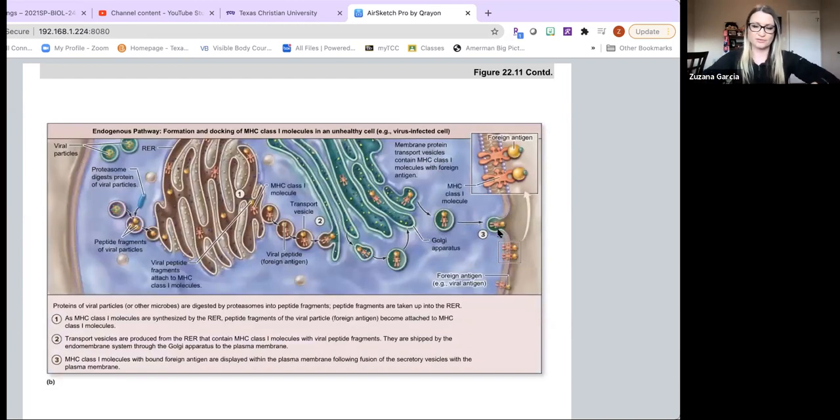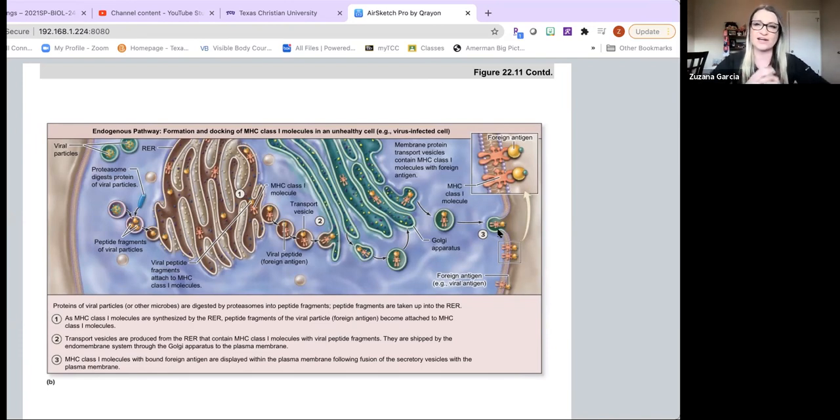However, sometimes our healthy cells get infected. They get attacked by a virus or a bacterium or something. This image shows you what would happen if it's a virus, but it could be pretty similar for bacteria as well. But viruses are very well known for entering cells and causing harm, causing damage.